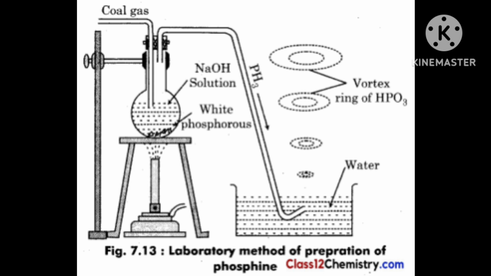The second reaction is mercury chloride and PH3. If both react, we will get mercuric phosphide. That is why I told you the corresponding phosphide: with copper it gave cupric phosphide, and with mercury it gives mercuric phosphide. The balanced equation is 3HgCl2 plus 2PH3, giving two products: Hg3P2 plus 6HCl.